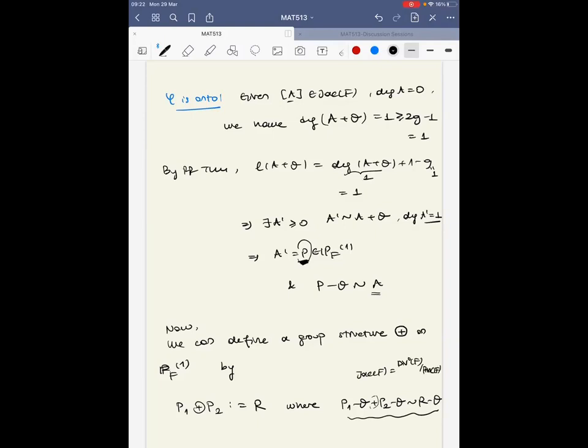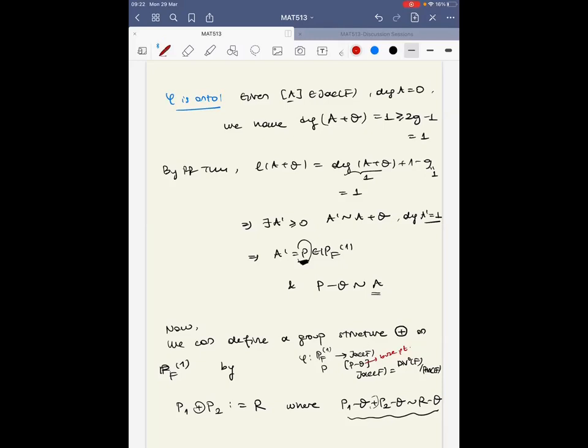And recall that our map is defined as the equivalence class of P minus O. O denotes the base point or the place at infinity for the elliptic curve.